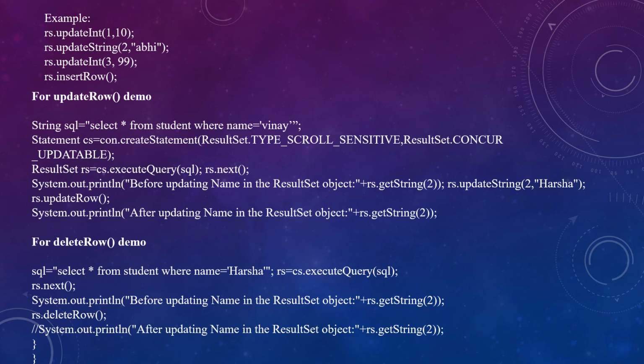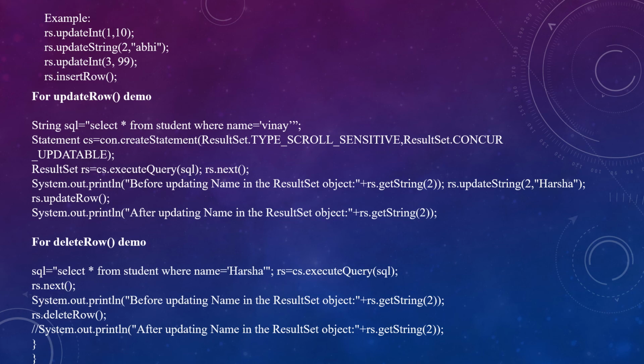Then ResultSet rs is equal to cs.executeQuery(SQL) to print a statement before updating name in the result set object. It takes getString and also updateString for that line. Then it updates the row, and after updating it takes a print statement after updating name in the result set object plus the string.